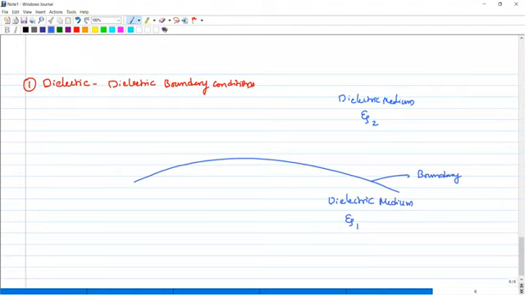Now, when the electron is traveling from this dielectric medium, crossing the boundary and entering the second dielectric medium, we have to do the analysis part.